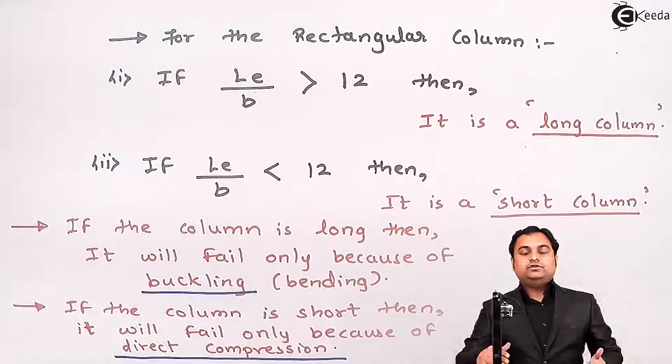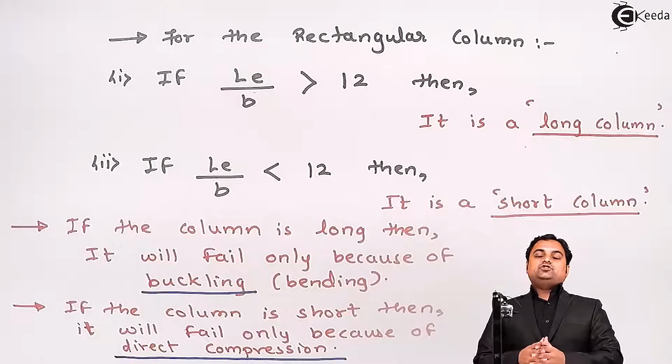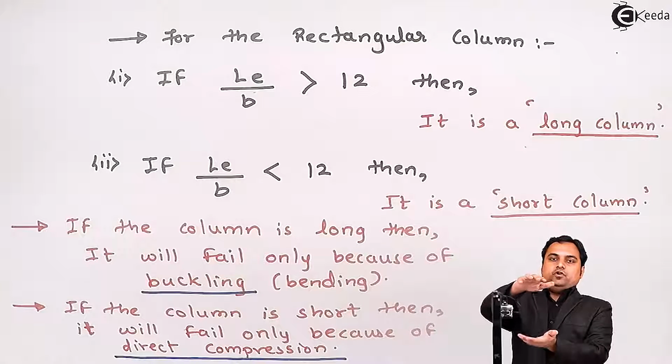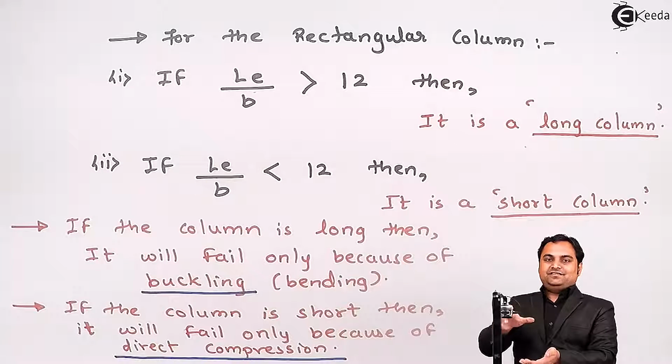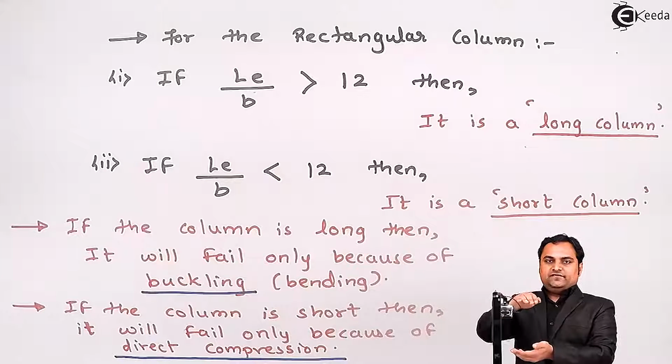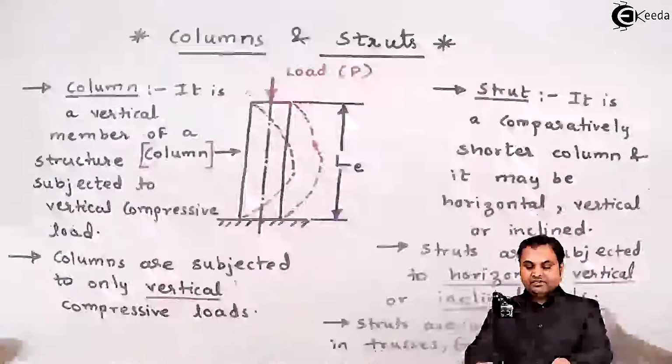So it is understood that long columns will fail only because of bending, whereas short columns will fail only because of compression. That is, the compressive load will try to decrease the length of the column and increase its diameter, that is the compressive failure, whereas in case of long columns there is bending failure.